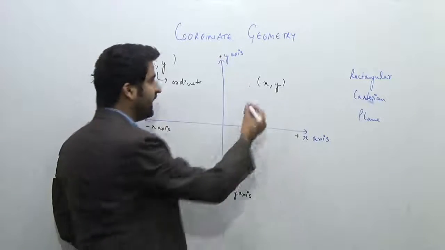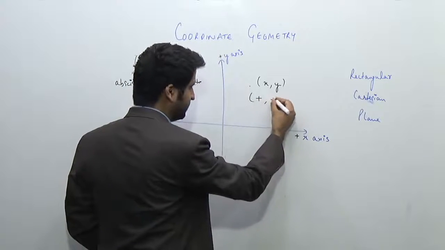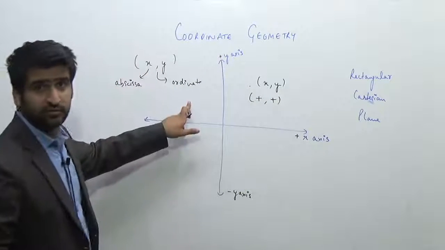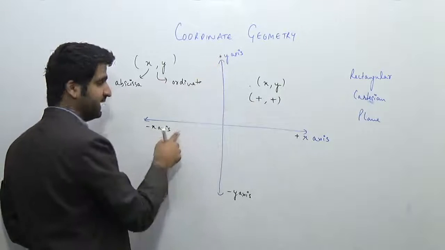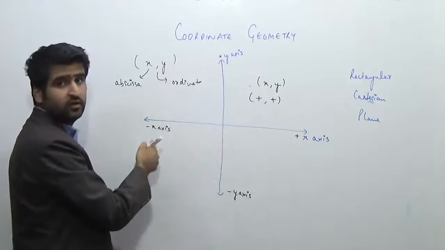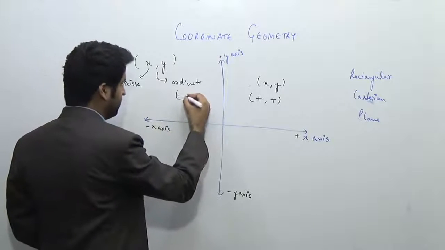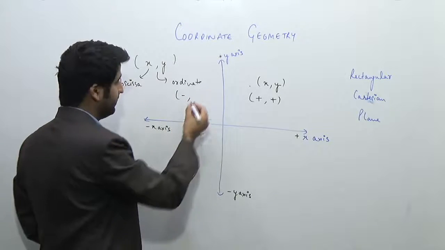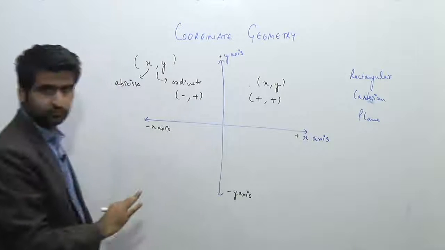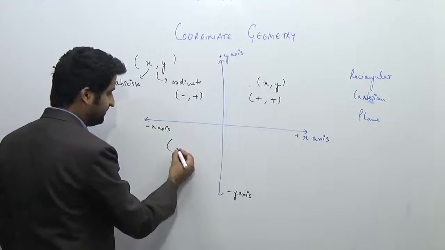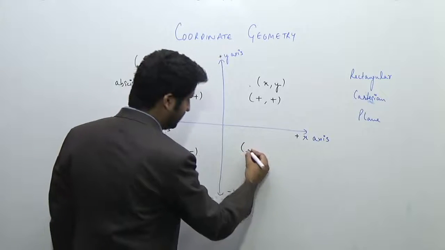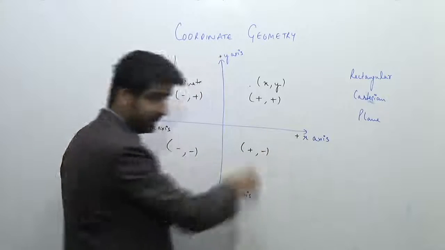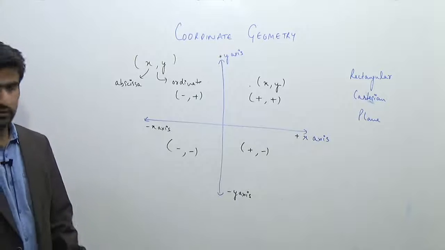The points which lie over here will have positive y coordinate but negative x coordinate. In this quadrant both the coordinates will be negative, and in this one x is positive and y is negative. Clear?